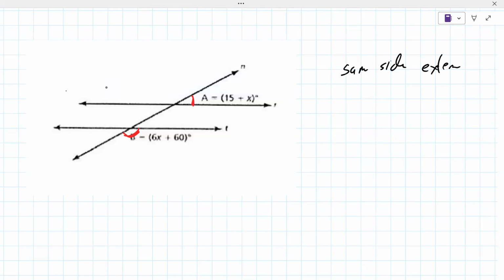Right. So these add to 180. All right, so 15 plus x plus 6x plus 60 equals 180.